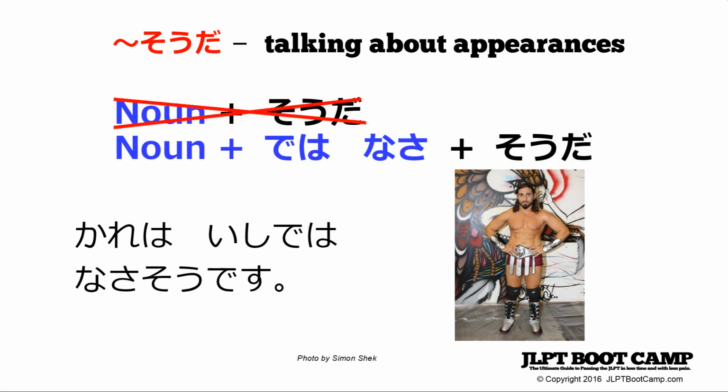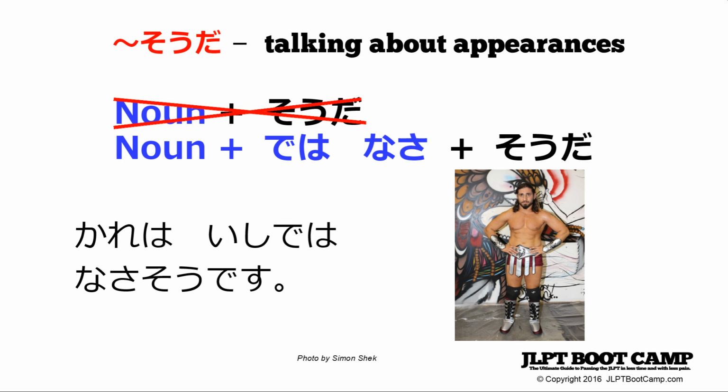You can't normally use it with nouns, but you can use it negatively with nouns. So for example, you can say, "Kare wa ishi de wa nasasou desu." So kare is he, wa is the topic marking particle, ishi is doctor, and then de wa nai is negative, so "not a doctor."